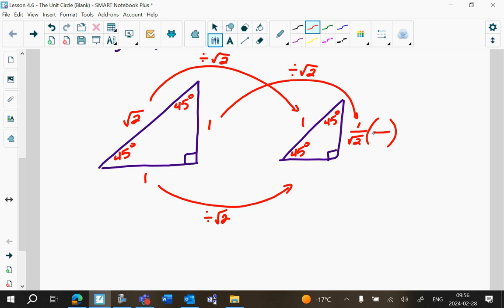Yeah, by the radical. So that's going to give us up top the square root of 2, and root 2 times root 2 is the square root of 4, which is 2, no more radical. And this side would be the exact same thing, because remember, those two sides were both 1 in the triangle we started with.